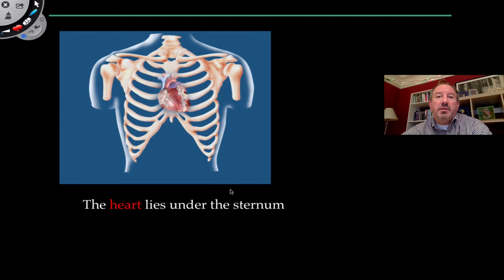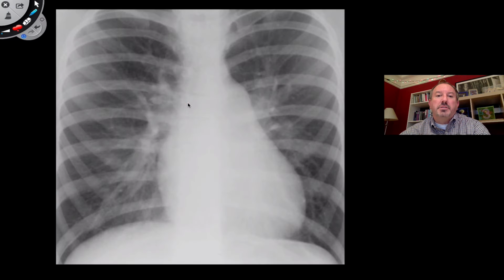Where's the heart located? You probably know that. It's located in the center of the chest, and it's protected by the breastbone or sternum. Now, in this picture right here, you can see the heart on top of the sternum, but it's really behind. It's also protected by the rib cage. So it lies underneath the sternum, underneath the rib cage. And here's an x-ray of it located right here.